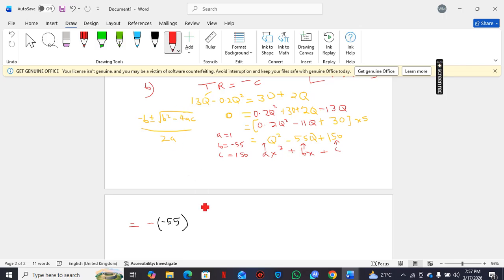Plus or minus, then we have the square root. Then b squared, so negative 55 squared, minus 4 multiplied by a, which is 1, and c is 150.